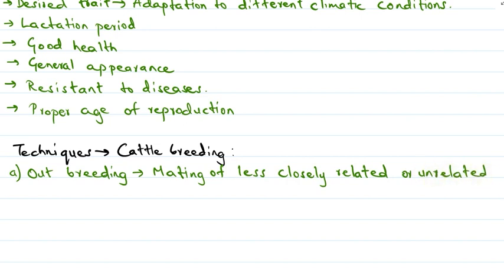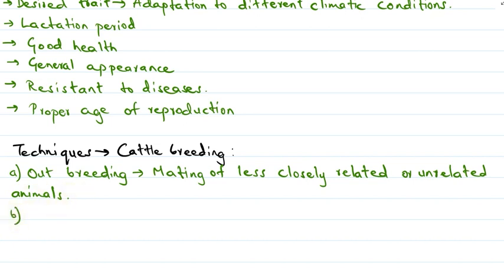Either the mating is performed between two less closely related animals or completely unrelated animals. The individuals involved do not have a common ancestor in the preceding 4 to 6 generations. Okay, so this is outbreeding.